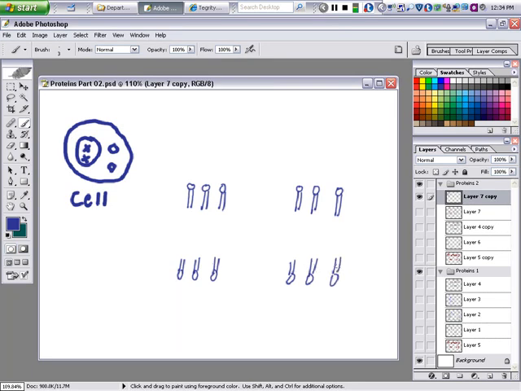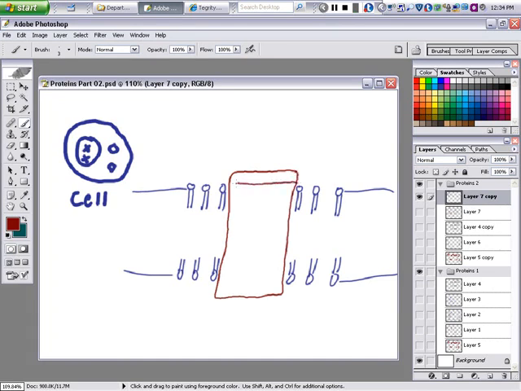And let's say this membrane just goes on forever. So this is just a section of the membrane showing some of the phospholipids. Everyone okay with that? Now I'm going to put a protein in this membrane. I'm just going to draw a protein that would be found in the membrane.